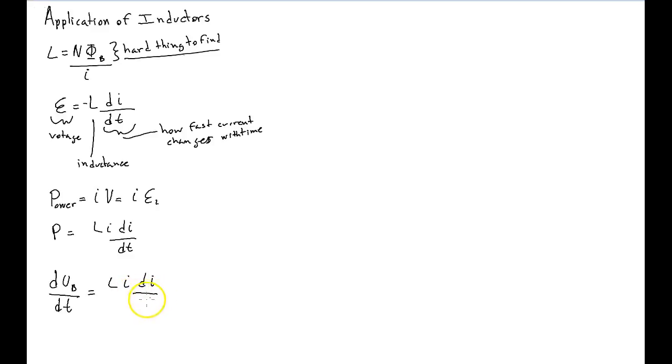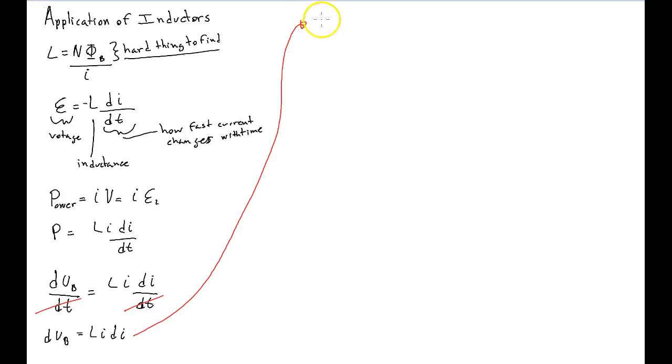So let's multiply both sides of that equation by the small increment of time required to make the change in the energy stored, the corresponding change in the current, and you get dU is equal to L I dI. Now, let's integrate both sides of that, and we'll have the total energy stored in the magnetic field enclosed by the inductor, L times, if you integrate I dI, what do you get?